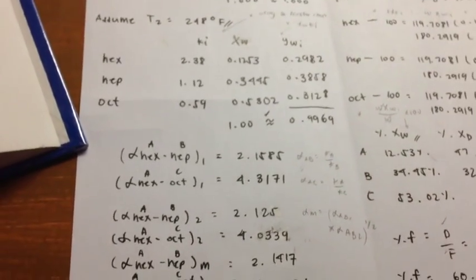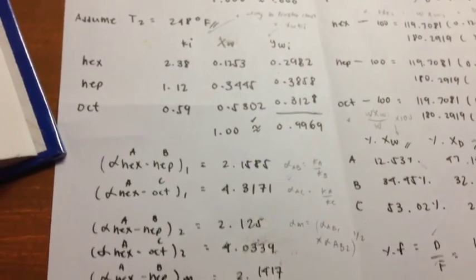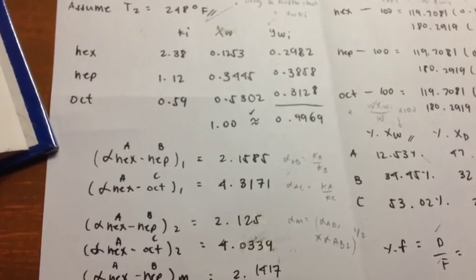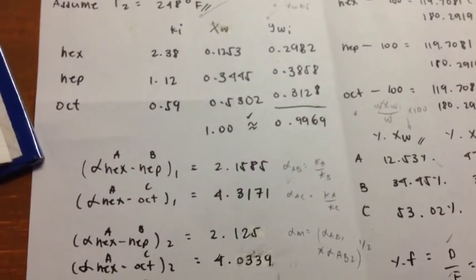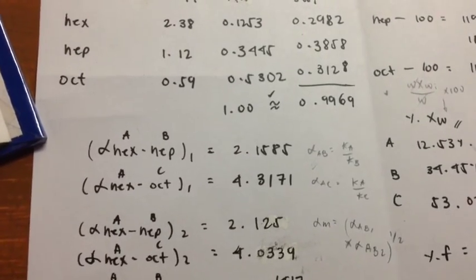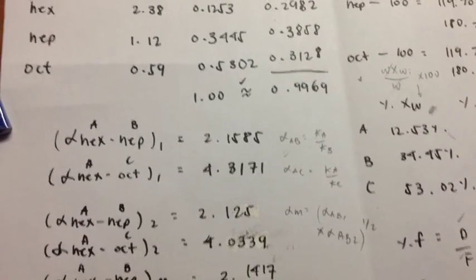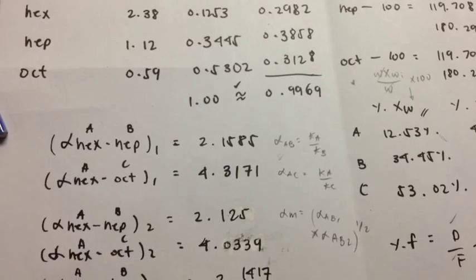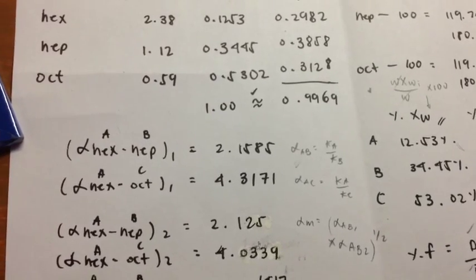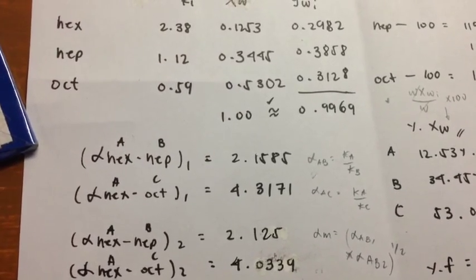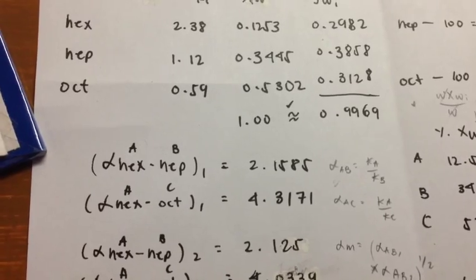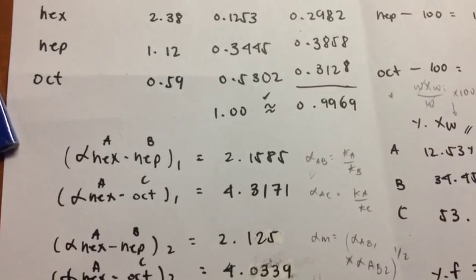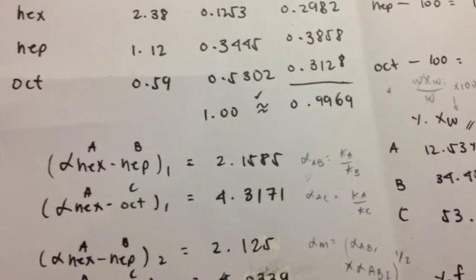Once you obtain the respective K values for temperature 1 and temperature 2, we get alpha AB1 and alpha AB2 by dividing Ka over Kb, and the other one, alpha hexane-octane, by Ka over Kc.